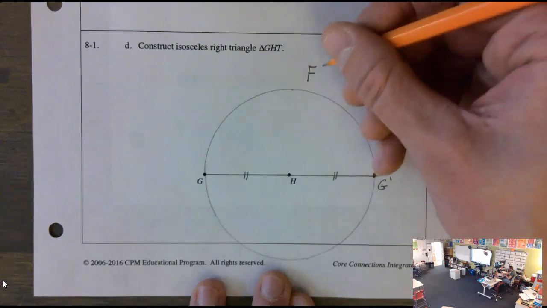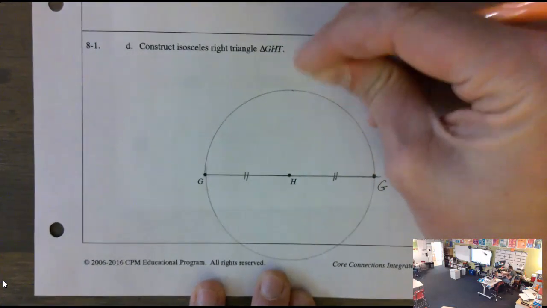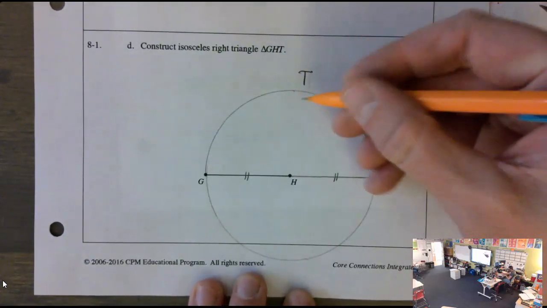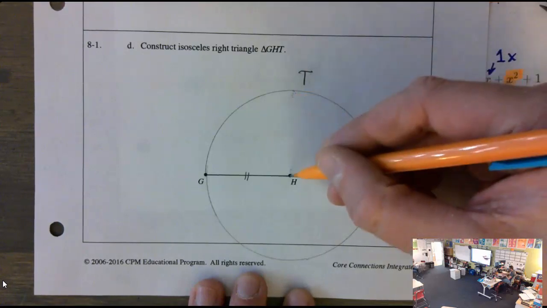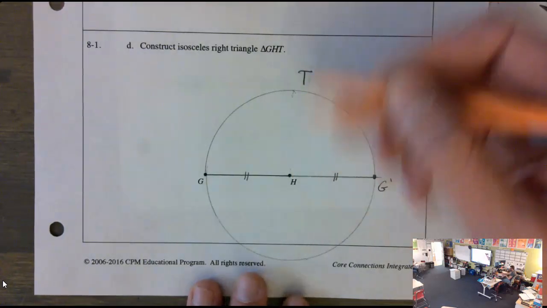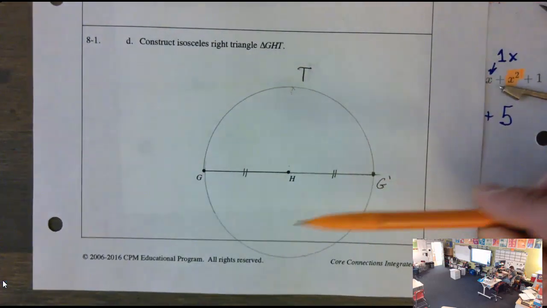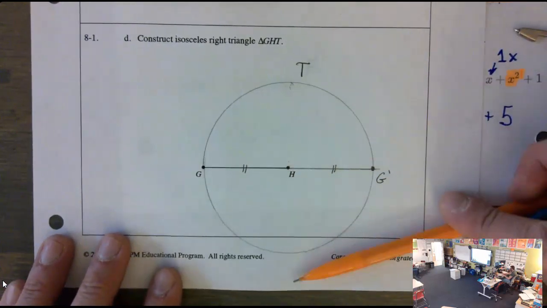F is going to be somewhere up here, or no, GHT. They said call it T. T is going to be somewhere up here or down here, but I'm going to say up here because it's nicer. That will make my right triangle, and HT will be the same length because it will also be a radius. But the question is, how can I make the line that will be perpendicular to H?